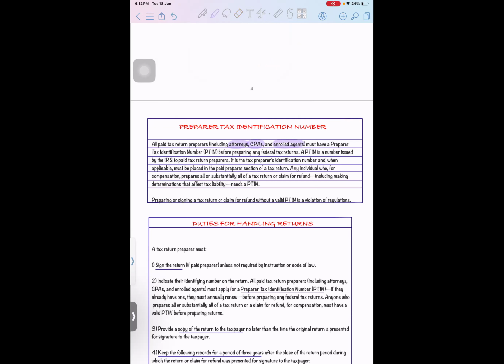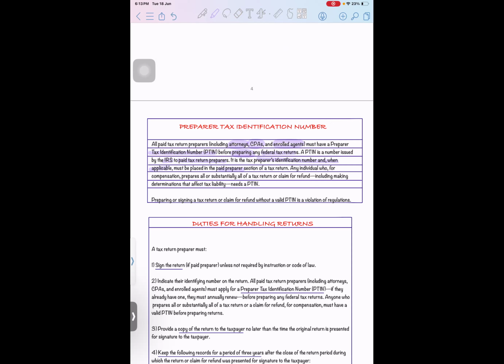Okay, so it's just mentioning that all these professionals should have a Preparer Tax Identification Number before preparing any federal tax return. Okay, so a PTIN number is issued by the IRS to the paid tax preparer. It is a preparer identification number, and when applicable, must be placed in the paid preparer section of the tax return, the first page.